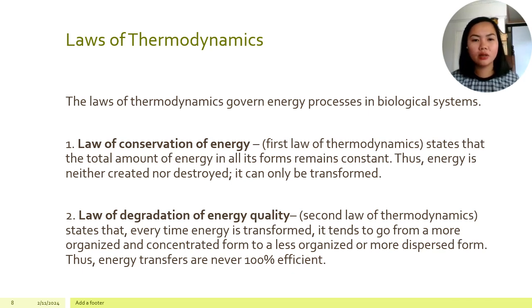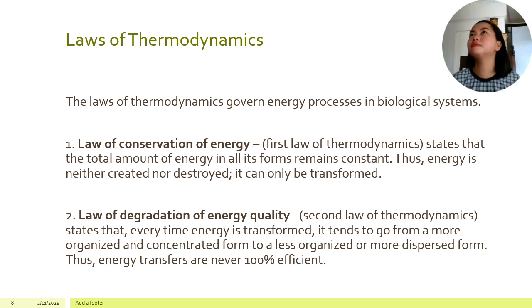So we have here two laws of thermodynamics that govern energy processes in the ecosystem. The first one is the law of conservation of energy, which states that the total amount of energy in all its forms remains constant. Thus, energy is neither created nor destroyed, it can only be transformed.